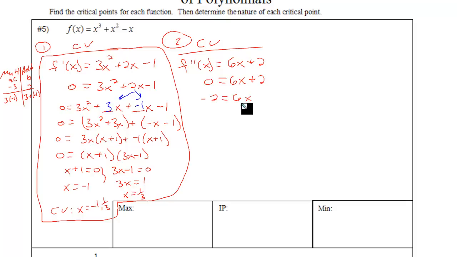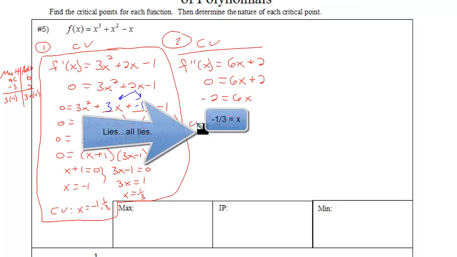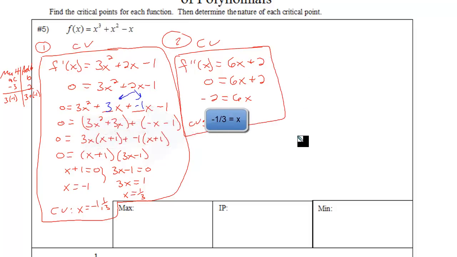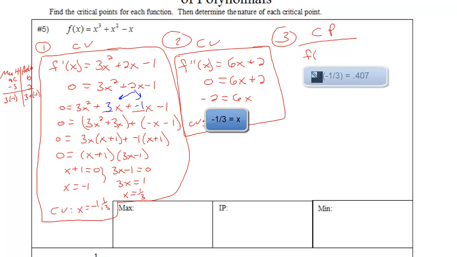If we solve this, we get -1/6 for another critical value. Step 3, find critical points by taking the critical values and plugging them into the original function. Put them in ascending order from smallest to greatest.